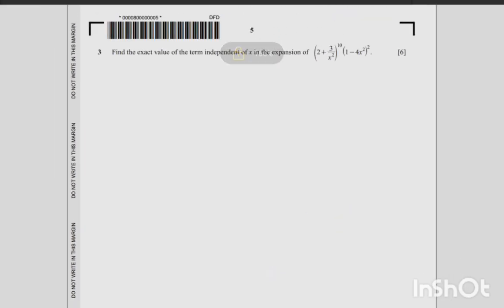Now dear students, we will come forward. Here we have to apply the binomial. The question is: find the exact value of the term independent of x in the expansion of (2 plus 3x square) to the power 10 times (1 minus 4x square) whole square. What's independent of x? It's a very simple thing: there is no x involved, so x will be 0.